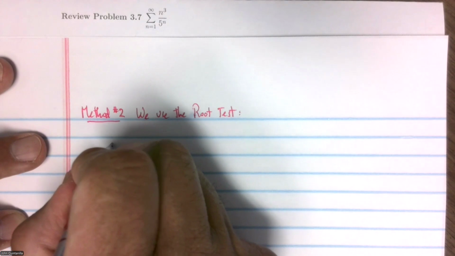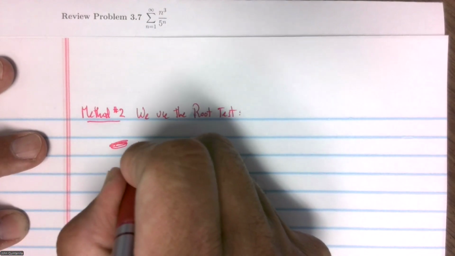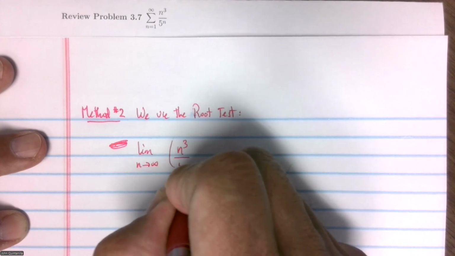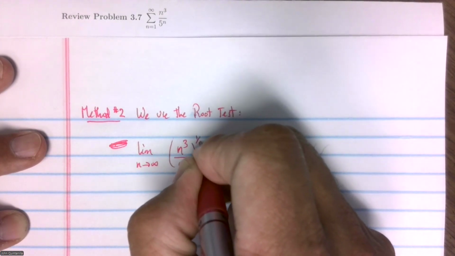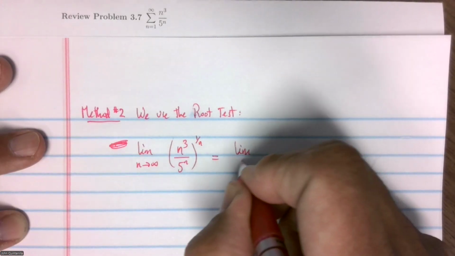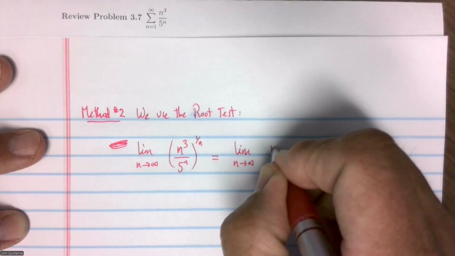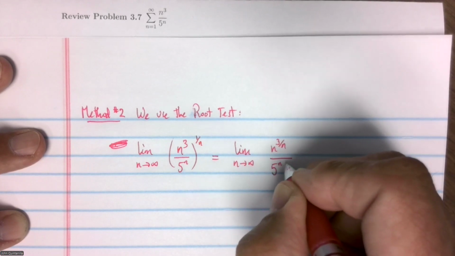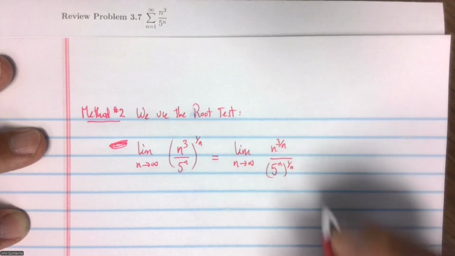We get the limit as n goes to infinity of (n to the third over 5 to the n) to the 1 over n. So we have to evaluate this limit: the limit as n goes to infinity of n to the 3 over n, over 5 to the n to the 1 over n.